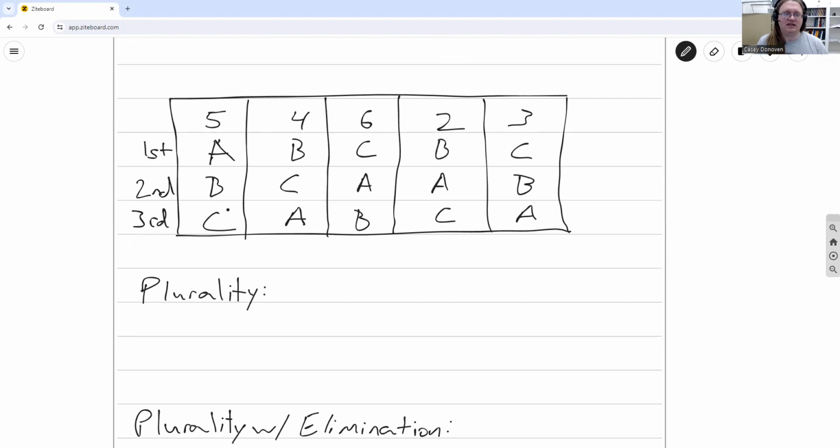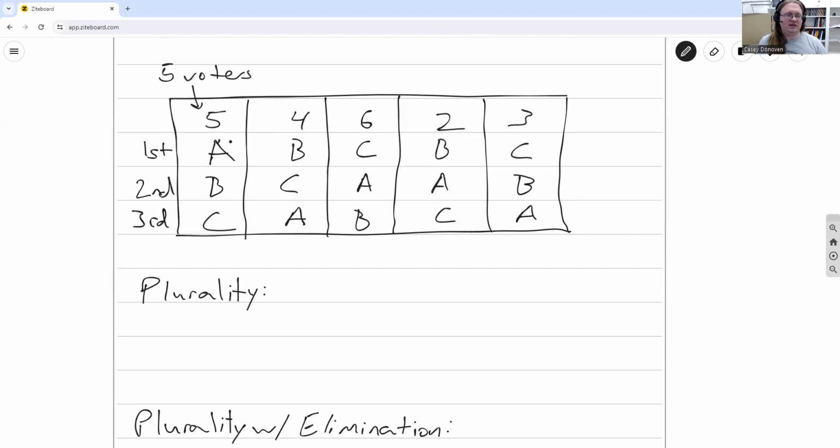And this table is the usual way that we tabulate all these results. So for instance, when we look at the columns, there were 5 people. So these are 5 voters.